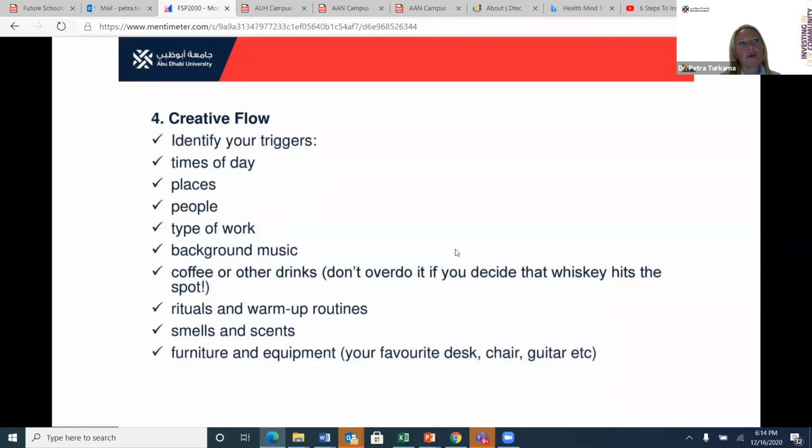Like you all know, when you go to your computer in the morning, maybe you have to read the emails and the news from your home country before you can get started. Or is it just something that reminds you of another time and place that takes your mind to the right place for creativity? Like smells and scents, furniture, some of the equipment, whatever they might be in your office.